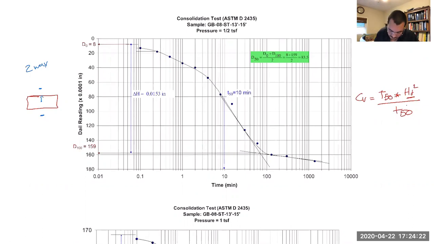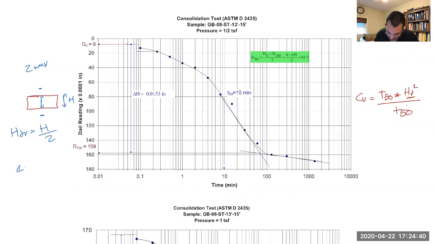It would be this. It can either go up or down. So the height of the drainage layer for two-way drainage, HDR, is equal to the total height H over 2.